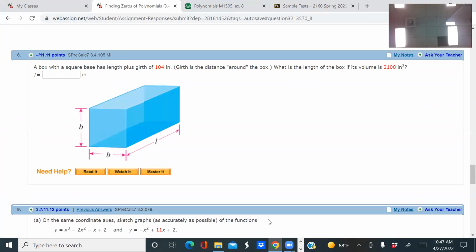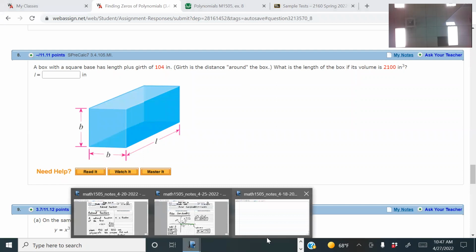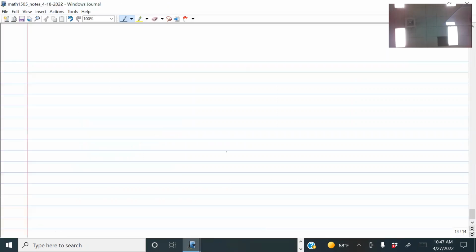The girth would be this length plus this length plus this length plus this length. All of those lengths are labeled B here in the picture. So you would basically have B plus B plus B plus B, 4 times. In other words, 4 times B, correct? So the girth is 4B, but they want you to add on also what? The length, right? And that's supposed to come out to be equal to what? 104.